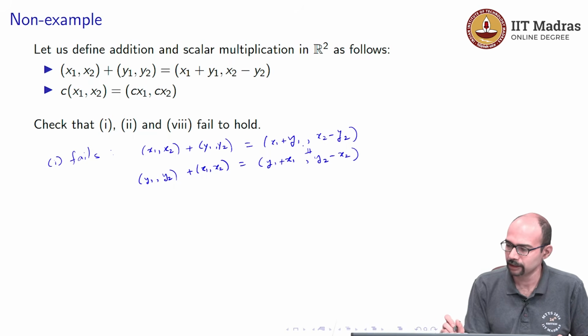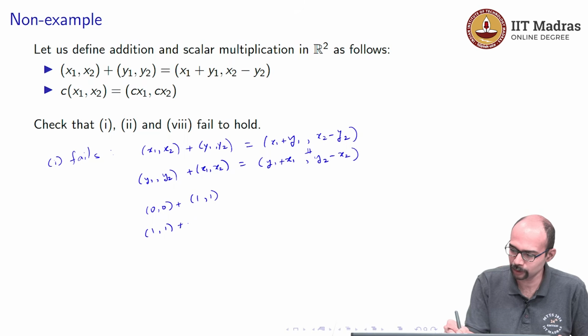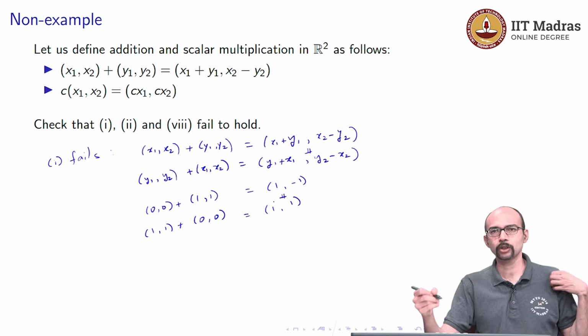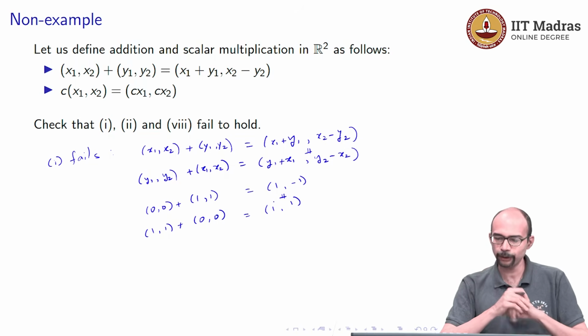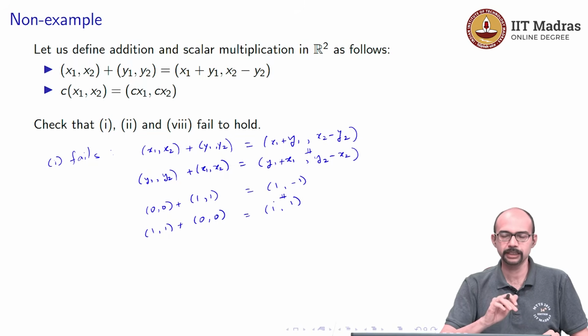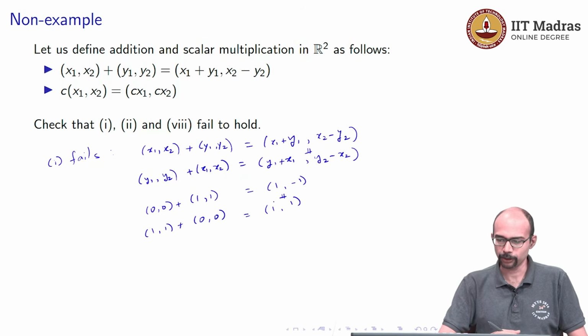For example, if you do let us say (0, 0) plus (1, 1) and (1, 1) plus (0, 0), the answer here is (1, minus 1), the answer here is (1, 1), they are not the same. Okay. So these two are not the same. So the first axiom said that v plus w is w plus v, and that fails. You can check similarly that the second axiom fails, and you can check similarly that the eighth axiom fails. So I will leave that part to you.